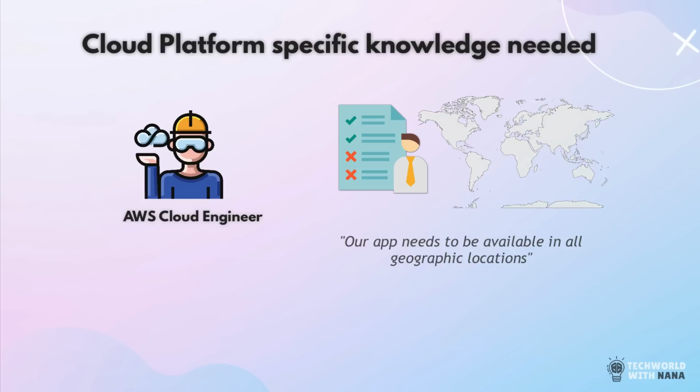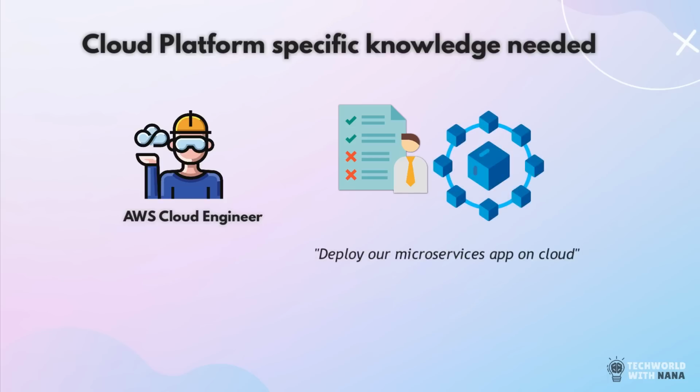Another example would be if a company has a microservices application to deploy on cloud. Of course, you need expertise in how to configure the cloud infrastructure to make sure a complex microservices application can run on it with production best practices like redundancy, reliability, security, data backup and restore mechanism. Again, that's where the cloud engineering skills and expertise is needed.